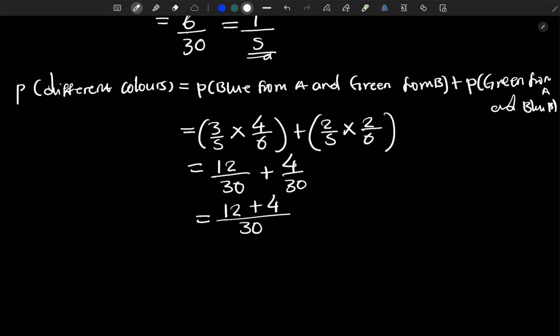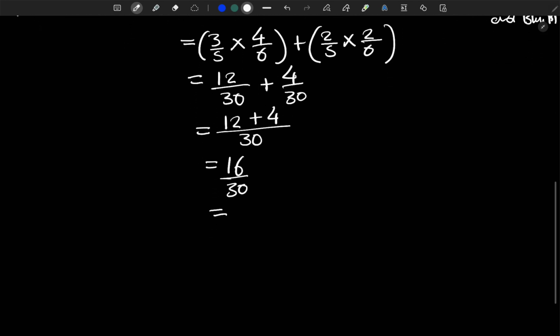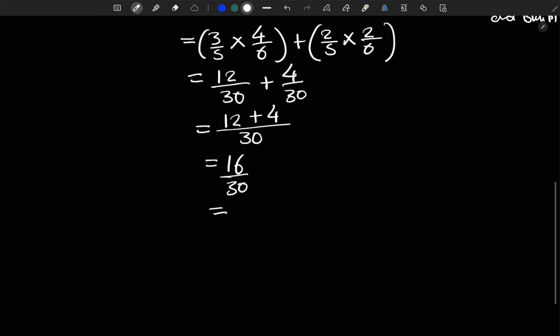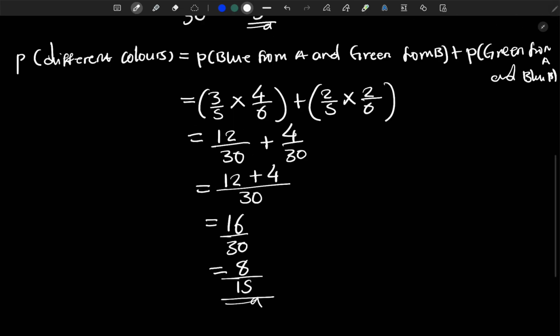The reason is 30 into 30 is 1, times 12 is still 12. So 12 plus 4 gives us 16 over 30. Then we can reduce. 2 into 16 is 8 over 2 into 30 is 15. So that is our final answer.